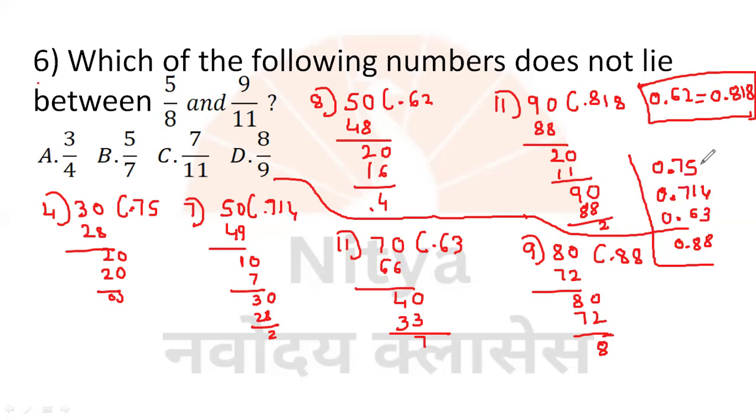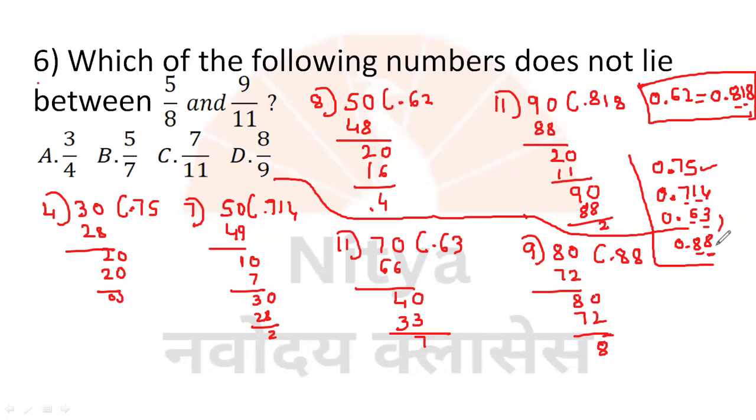So 0.75 comes between, because after 62 and before 81 it is there. 0.714 also comes, and 0.63 also comes, because after 62 comes 63. And 0.88: see, when we check the two digits, here 81 is there, but here 88 is there.